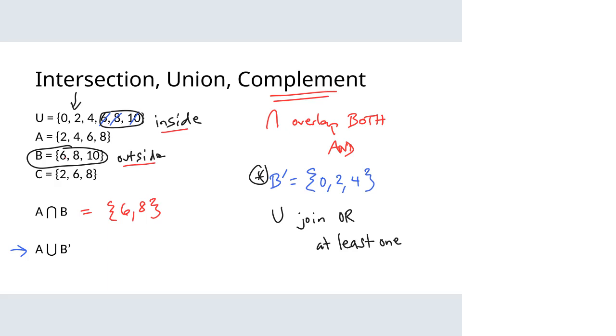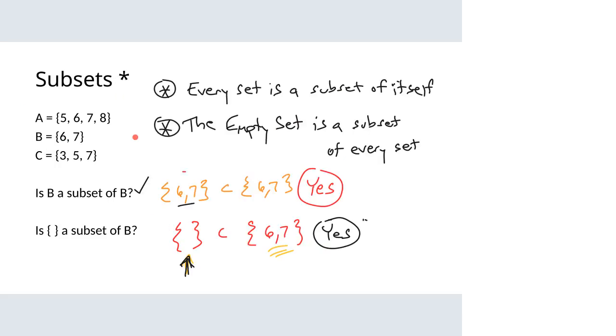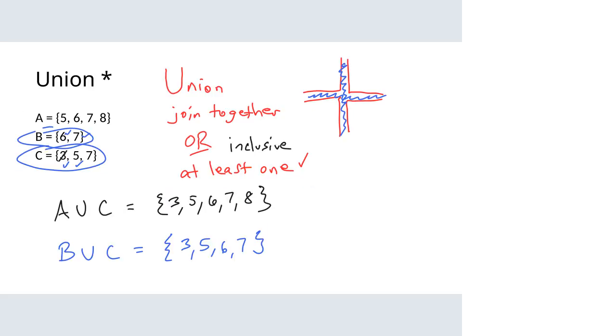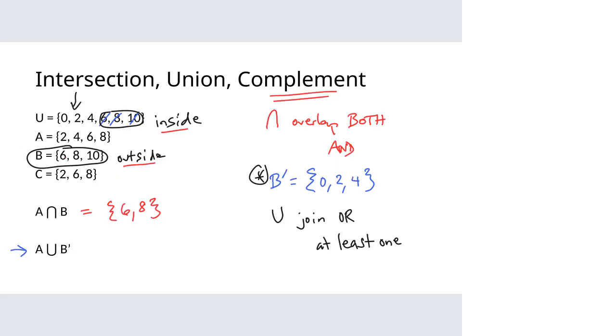When we looked at those sets at the very beginning, in the very first problems, we just had sets A, B, and C. We didn't have a universal set yet. We didn't need one. But when we get to complement, we need a universal set, because now we have to say, here's everything under consideration. Those are the only numbers that exist in the whole world for this particular problem.